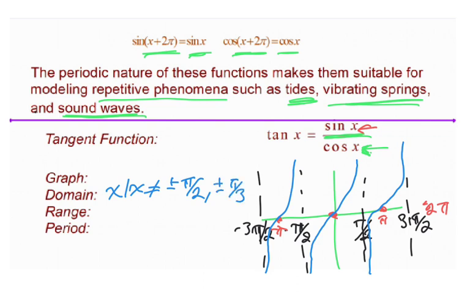So this would be x cannot equal n pi over 2, where n is an element of odd integers. That's your domain.